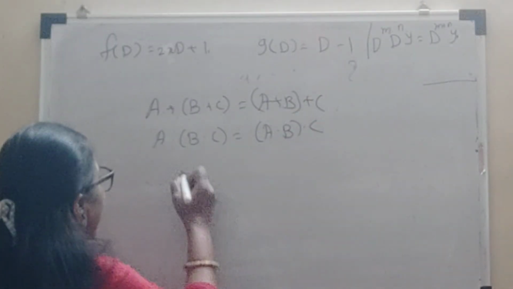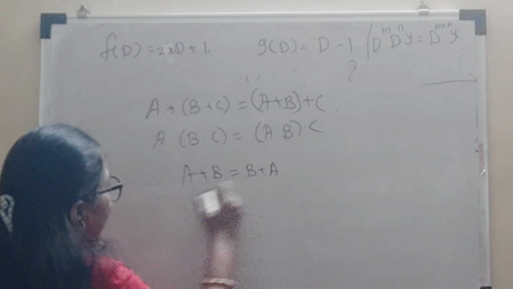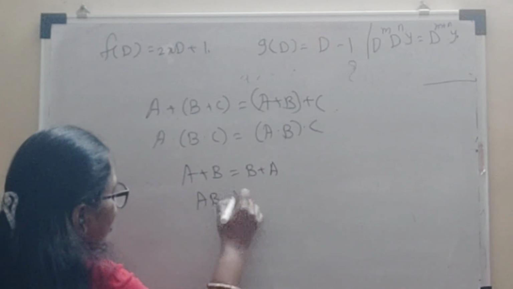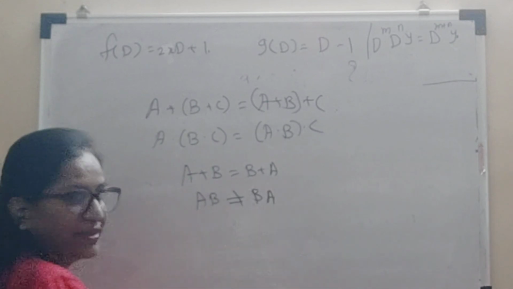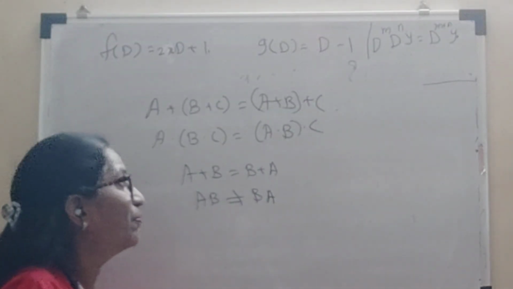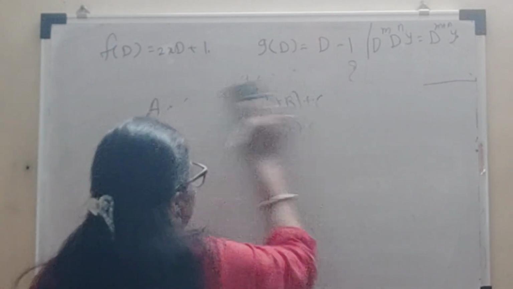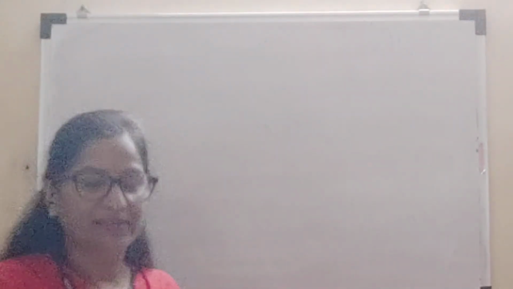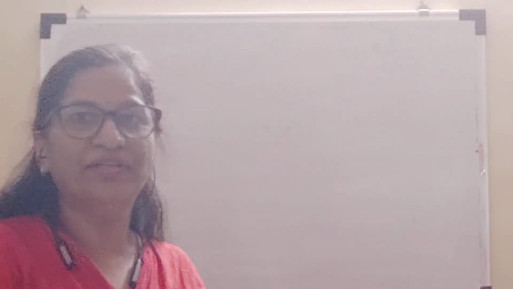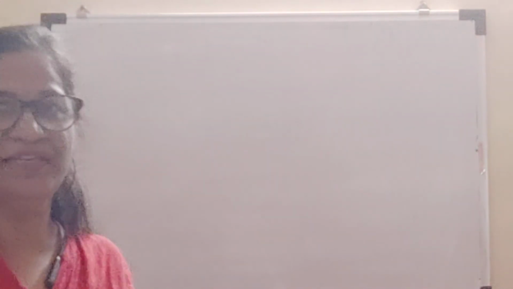As well as a plus b is the same as b plus a, but ab is not equal to ba. So those are some basic properties of the operator. In the next lecture, we'll find some methods to solve homogeneous linear differential equations by using this operator.